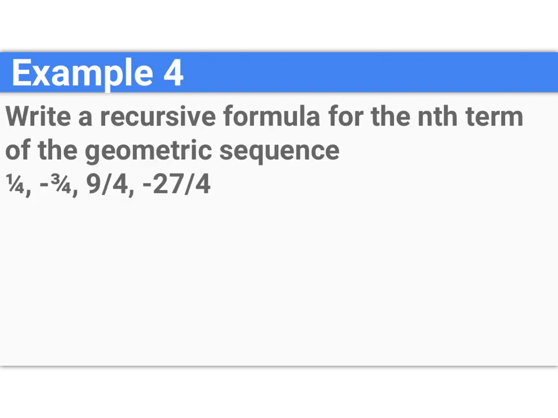Okay, so we want the recursive formula. So that is different than the formula we've been using. So let's see, how do we go from 1/4 to 3/4? Well, 1 times 3 is 3, but we got a negative. So it looks like we're multiplying by -3 over 1. Times -3 over 1 gives us positive 9/4, times -3 over 1 gives us -27 over 4.